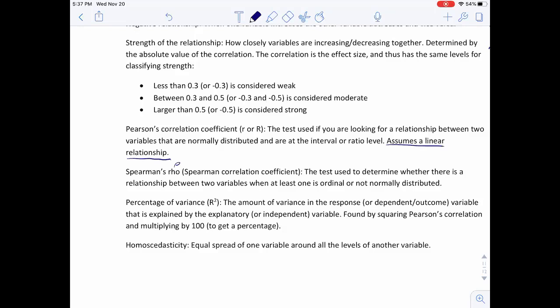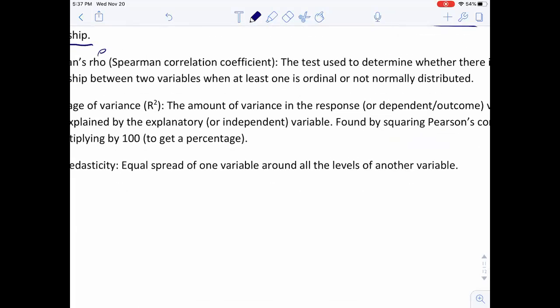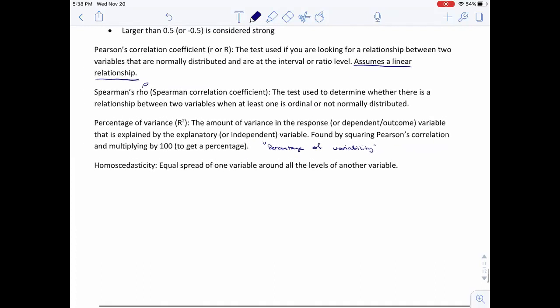If we've calculated R squared, that's our percentage of variance. So as soon as you see percentage of variance, or percentage of variability, you're going to think R squared.